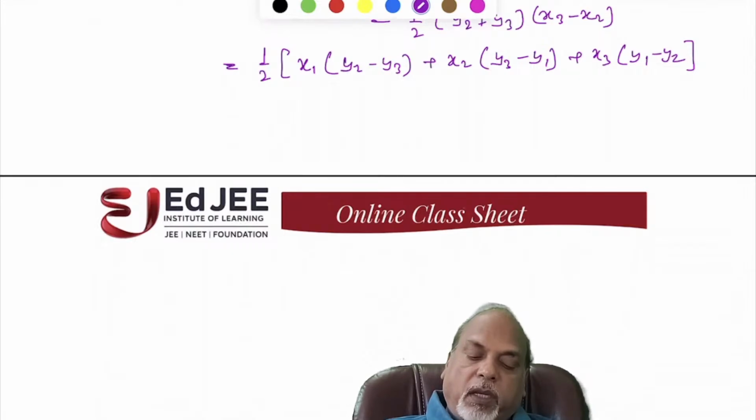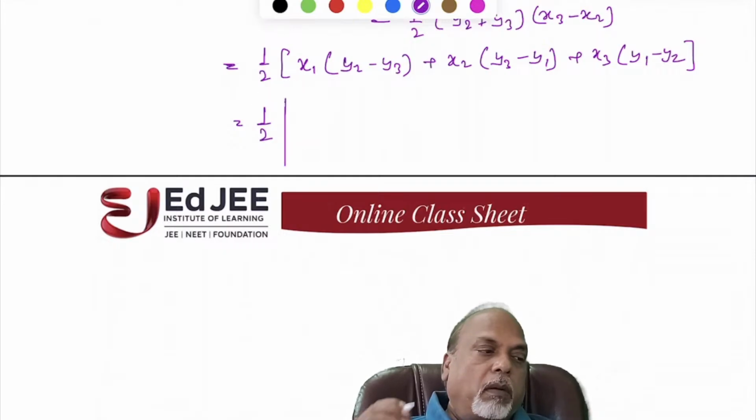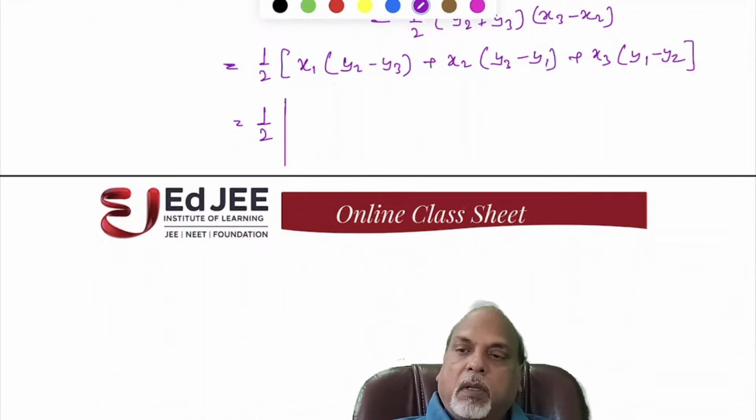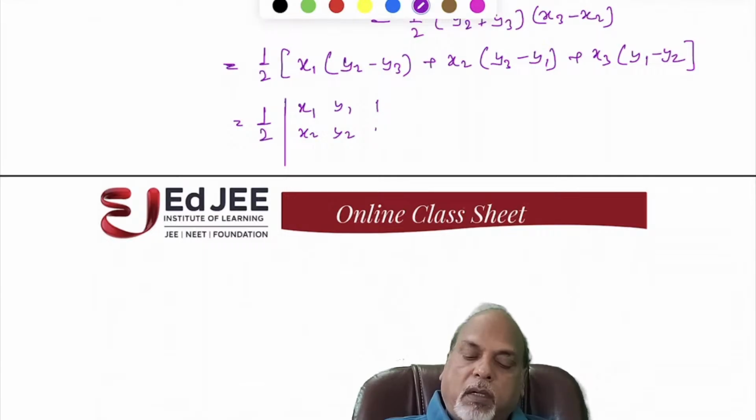Basically, this is nothing but the determinant of x1 y1 1, x2 y2 1, and x3 y3 1.